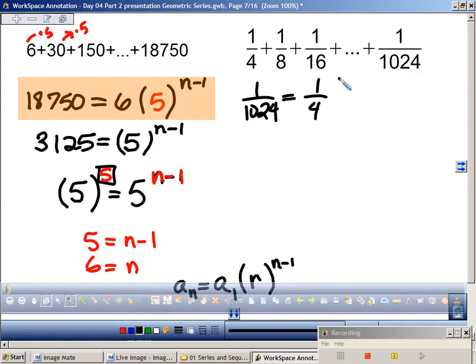I knew my first term was 1/4. In order to find R, 1 divided by 1 is 1. 8 divided by 4 is 2. Answering it the wrong way. Let's look back at that.